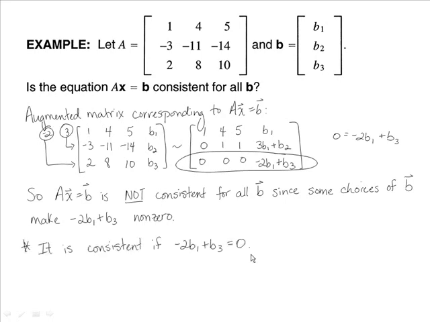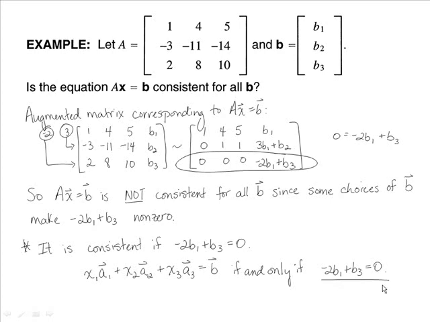However, it is consistent if my equation -2b1 + b3 equals 0. So we can state it this way: x1a1 + x2a2 + x3a3 is equal to b if and only if my expression -2b1 + b3 is equal to 0.